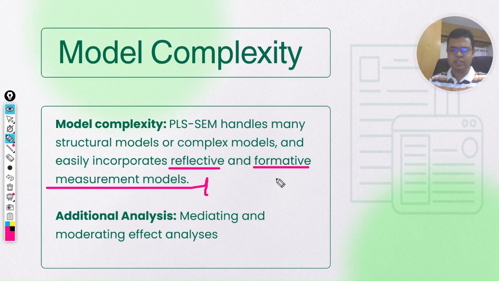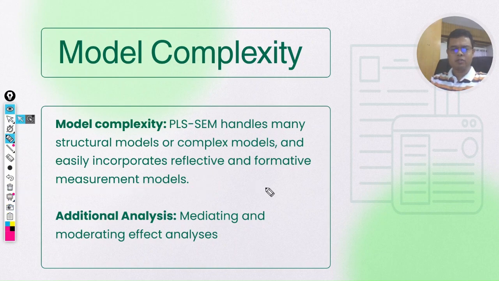By the way, in the next slide, we will learn what is reflective and what is formative. On the other hand, with traditional methods we cannot easily analyze the mediating or moderating effect of the predictor variables on the target variable, right? But if we use SmartPLS, we can easily handle it, right?